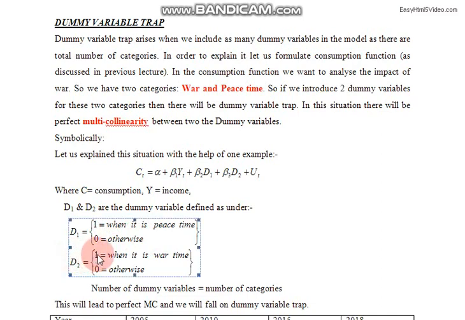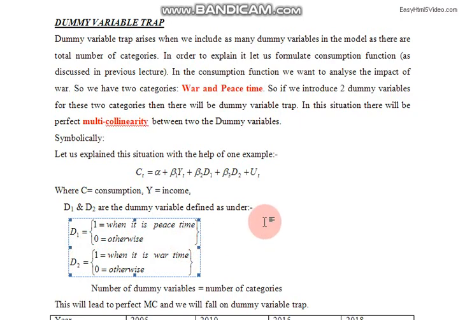D2 will have value 1 if there is war and value 0 if there is peacetime. So we have incorporated peace and war in both variables D1 and D2.